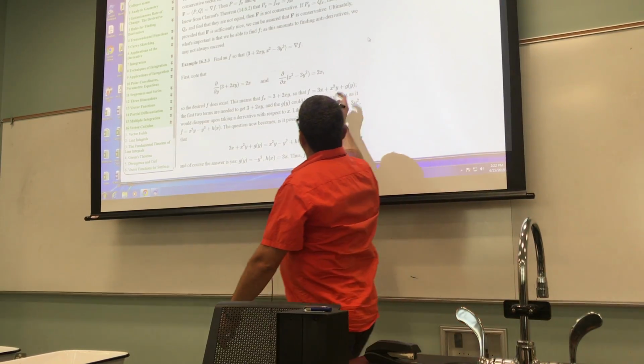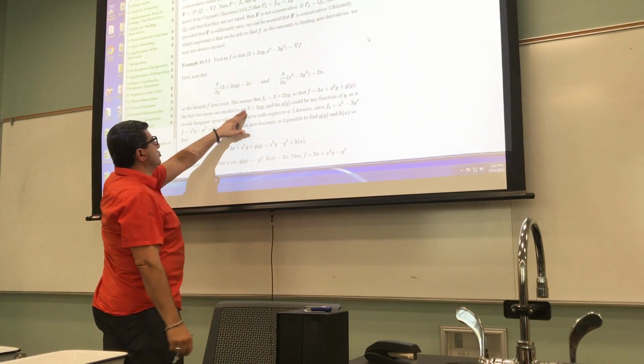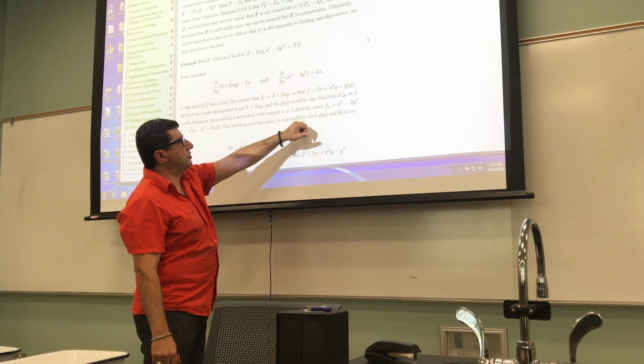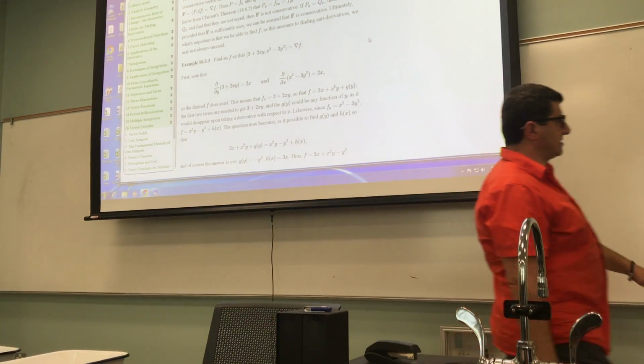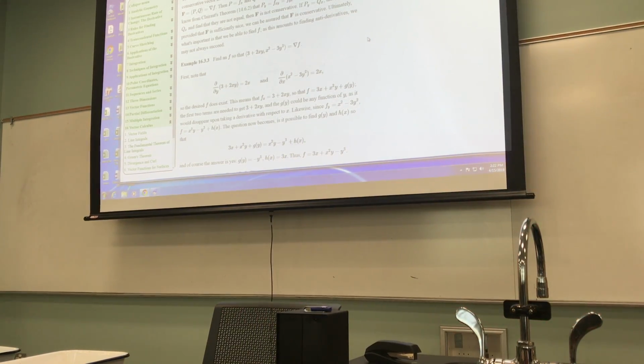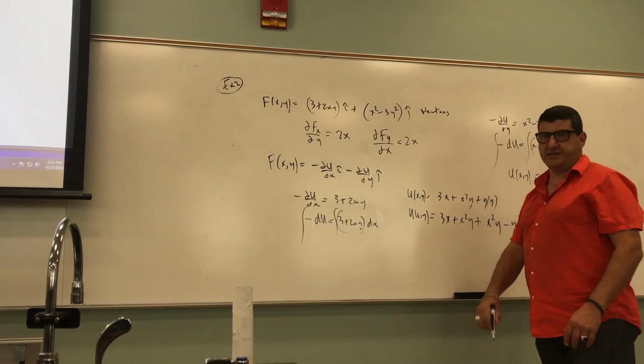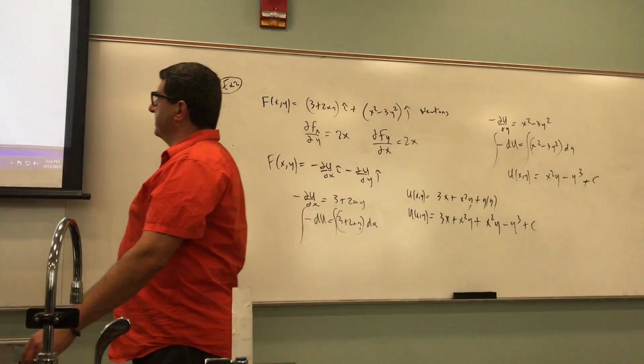Plus g of y. The first two terms are needed to get 3 plus 2xy, and the g of y could be any function of y. Oh, that means they're saying this constant here can be any function of y because its derivative with respect to x is going to be 0, right? So instead of a constant, they're putting g of y here.